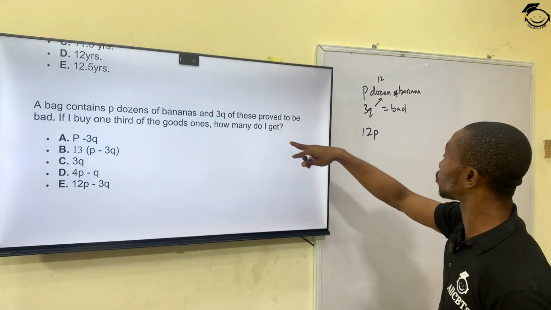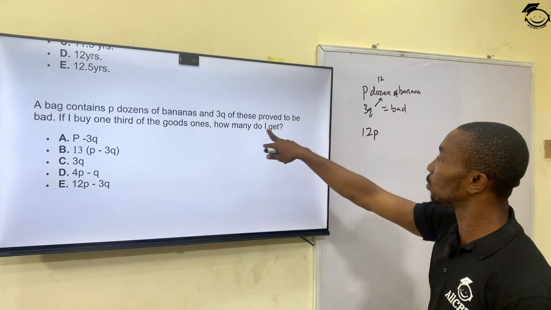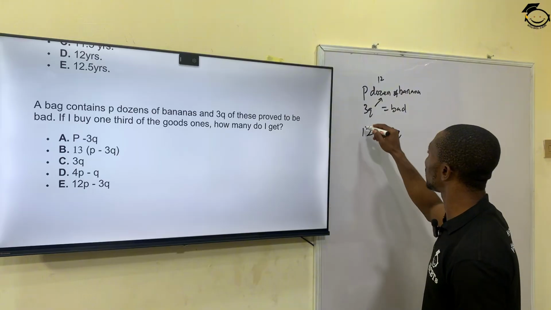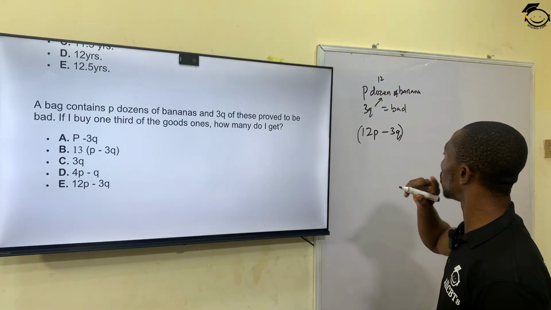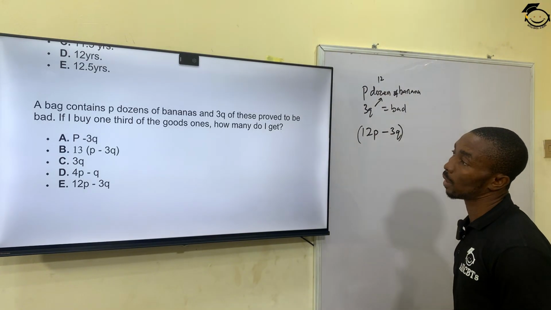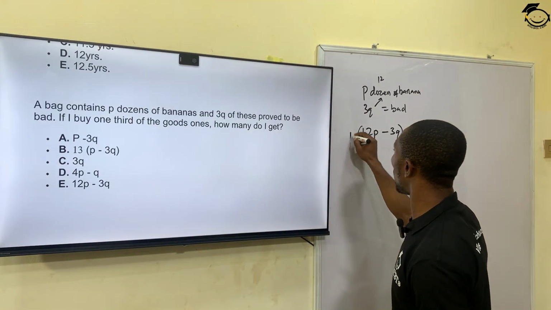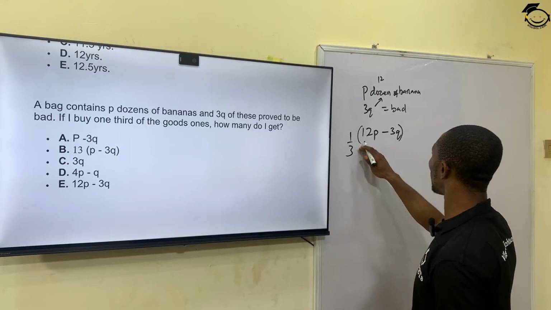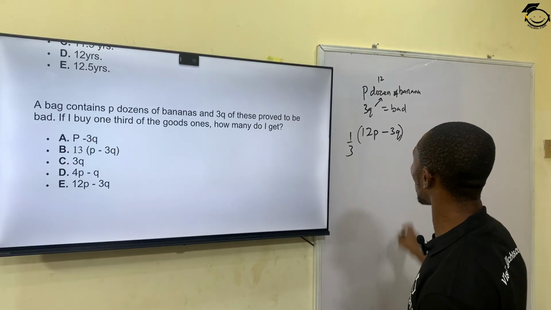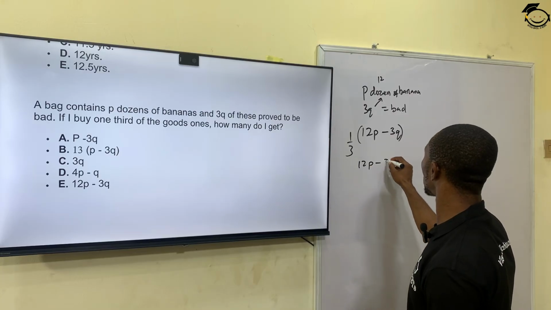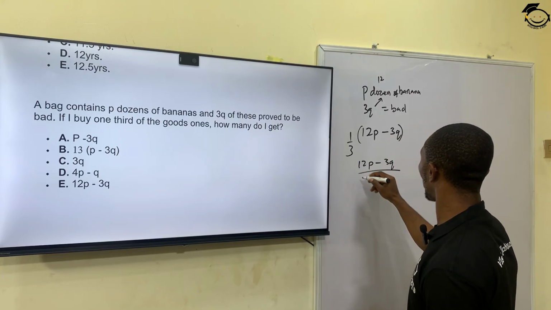Now, if we subtract the 3 kg that is bad, that will give us the number of good ones. But we say if we buy 1/3 of the good ones, that will become 1/3 of 12P minus 3 kg. So this will give us (12P minus 3) divided by 3.